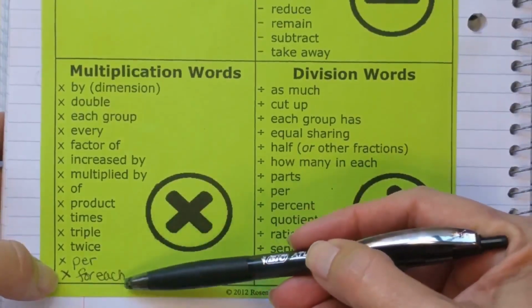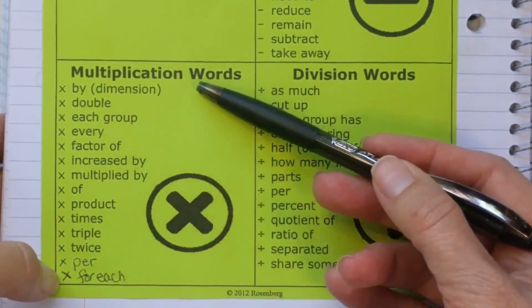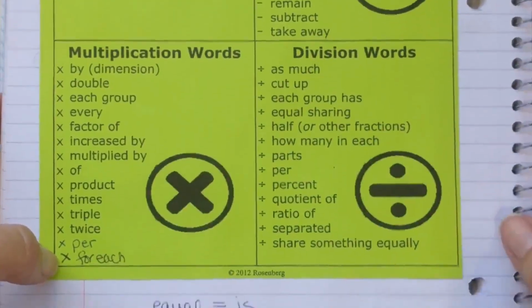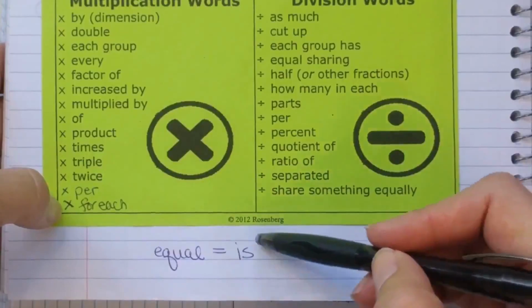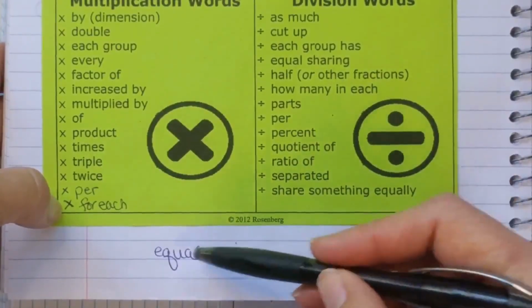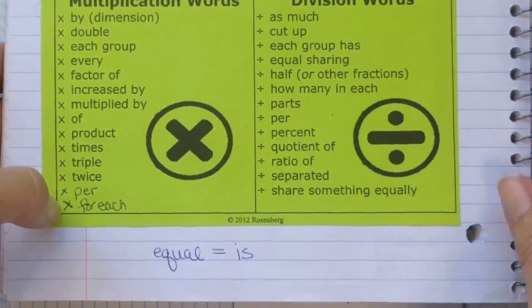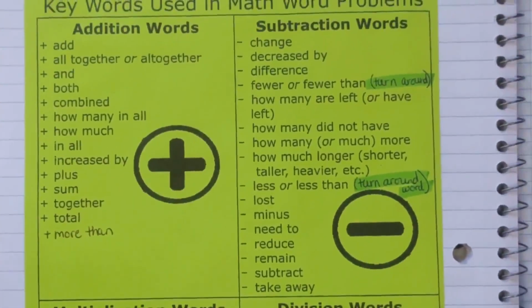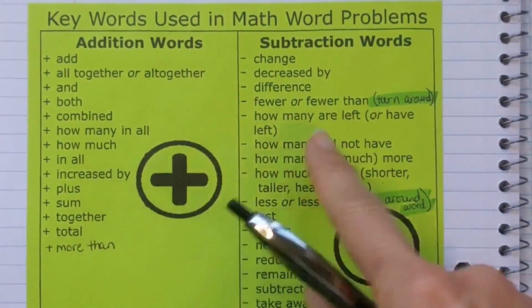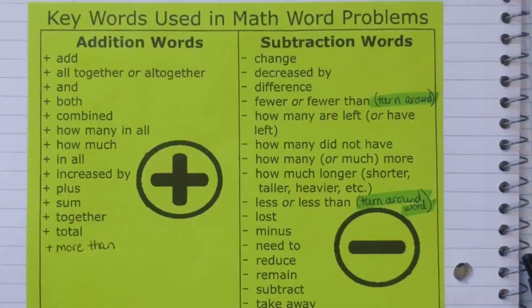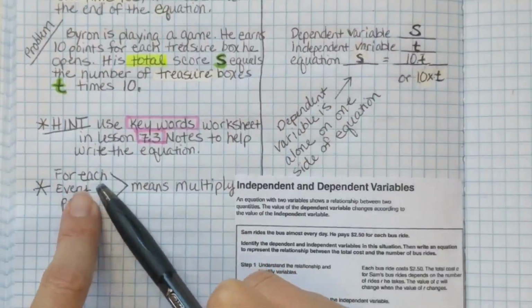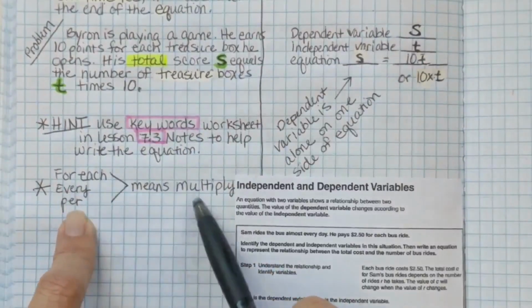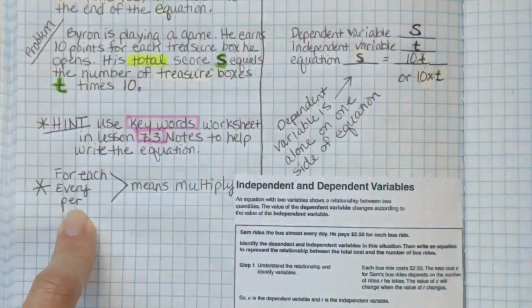Per, for each, that means multiplication. So I went ahead and wrote in a few extra notes. Here's another thing I wrote in. Equal, when I see the word is, that means equal. Okay, so remember these words that we used in 7.3. For each, every, per, they all mean multiply.